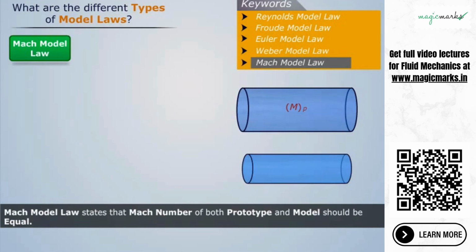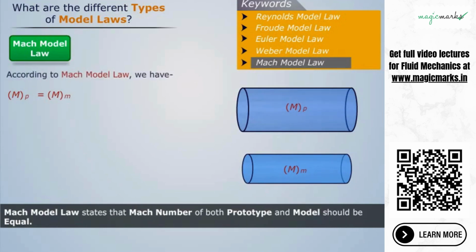And MM be the Mach number of this model. Now according to Mach model law, Mach number of both the prototype and model should be equal.